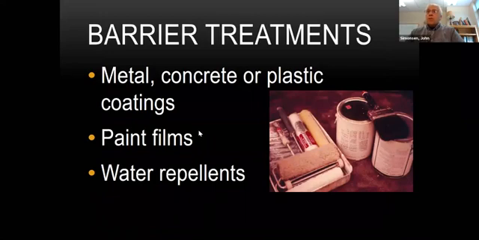So you can also have barrier treatments. It's pretty typical when you put a fence post in the ground, if you're doing it for your yard. People don't do this if they're fencing 100 acres or something.